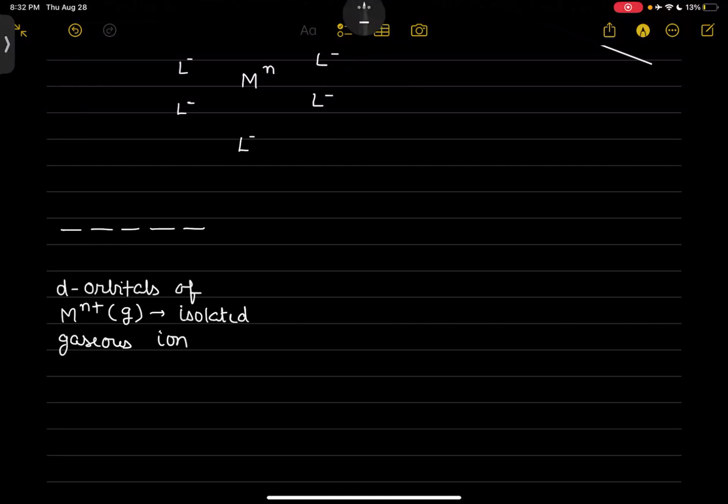So the d orbitals are of equal energy, and the name which tells us that they are of equal energy is degenerate.